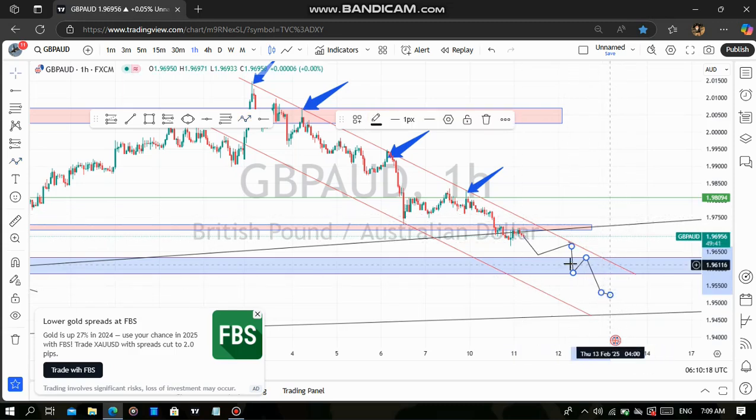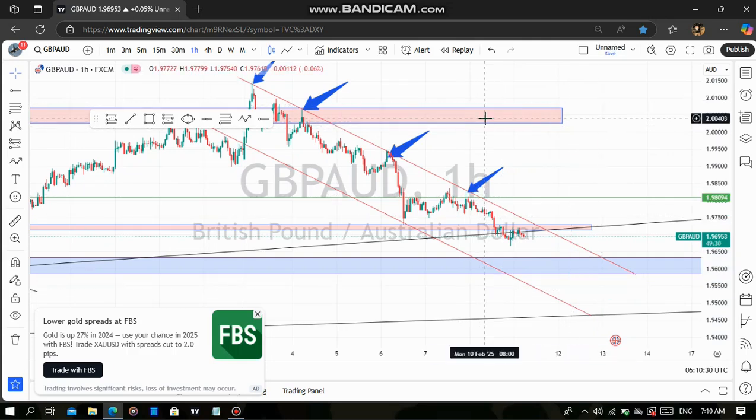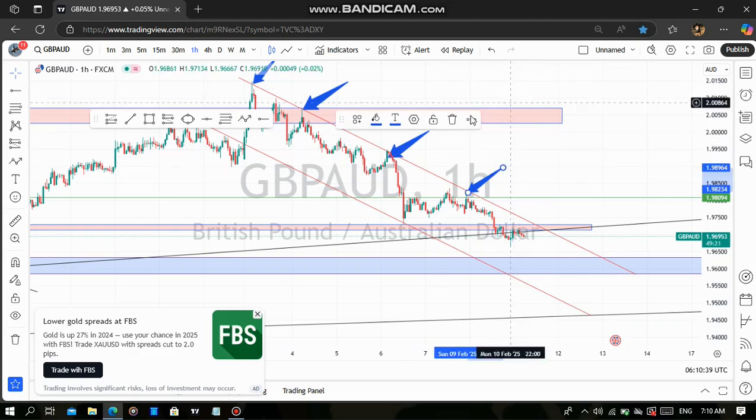But as usual, our role is to wait for price and follow it. So this is one of the pairs you'll be looking at on our watch list.